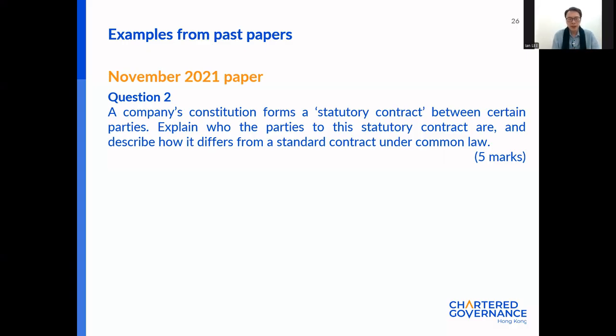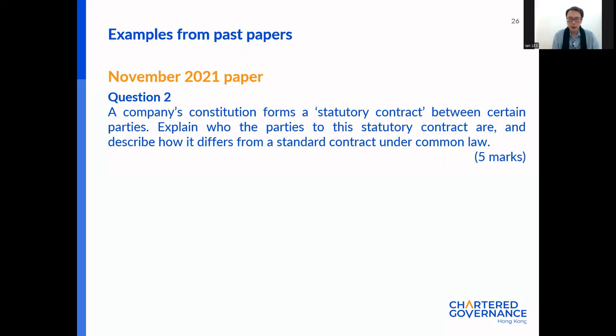Now, a statutory contract is similar, but the force of law is not just under contract law. It is governed by the legislation. That is why it is a statutory contract, and it is formed at the time when the company was set up, when it was incorporated. You will recall I mentioned the concept of founder members. They are the members who were there at the beginning when the company was formed.